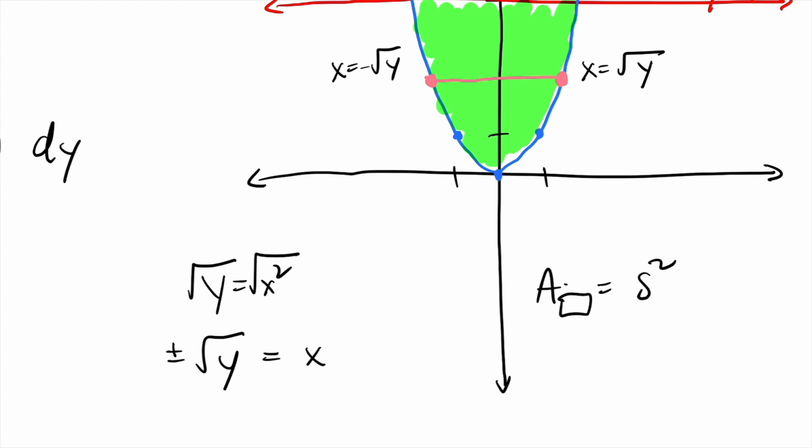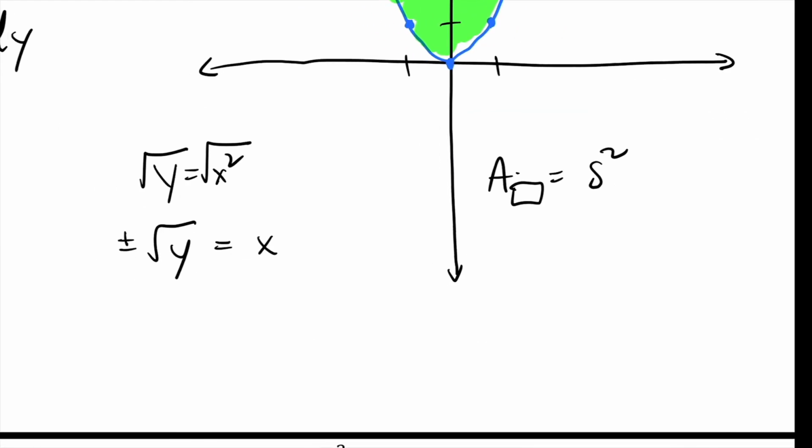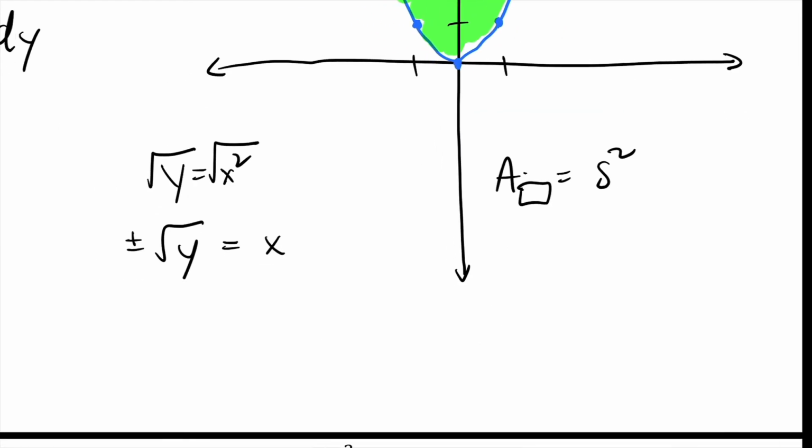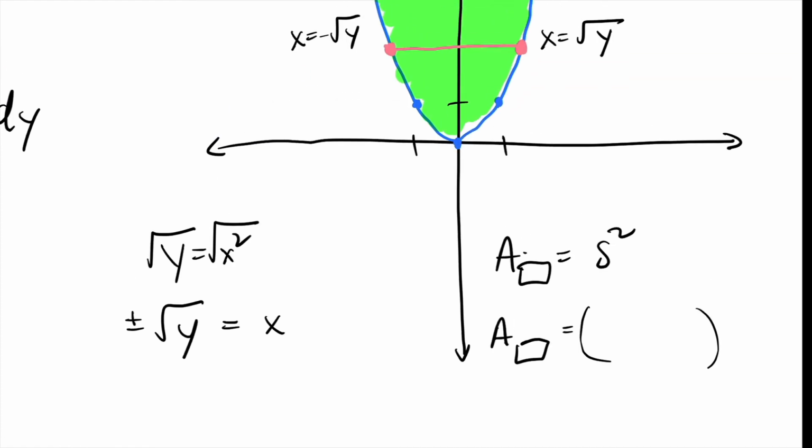So how do I find side length? Subtract them, right? Subtract. So one side length is going to be square root of y minus negative square root of y.